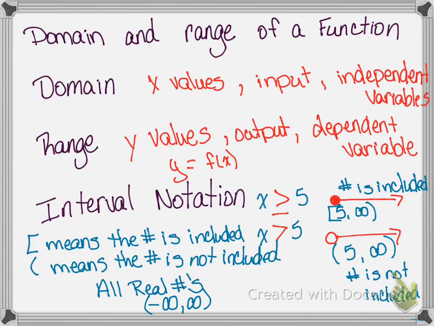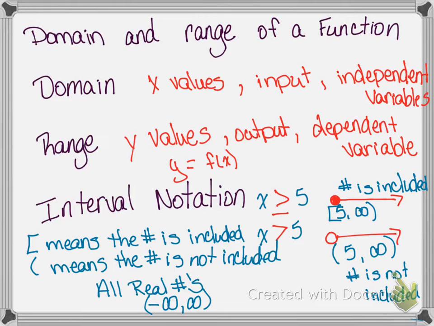When we discuss domain, we are talking about our x values. If you have a list of ordered pairs, and I ask you for the domain of that list of ordered pairs, your domain is going to be the x coordinate, the x value. When you look at a graph, you're going to look at the x-axis to determine what x values have been input into that graph.